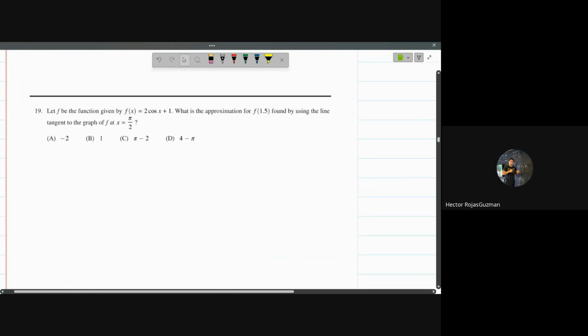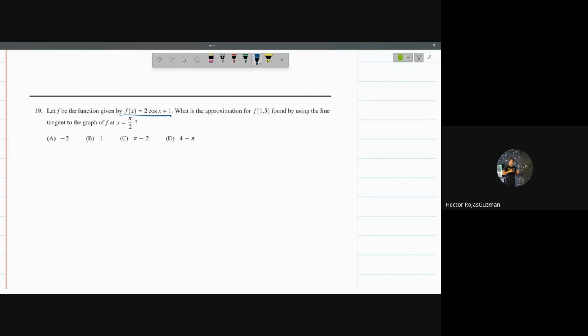Number 19. We have a function for f. What is the approximation of f of 1.5 using the line tangent to the graph? If we had a calculator, we could just take 1.5 and plug it into the function, right? But we need to use the tangent line. We have the point 1.5 comma something.